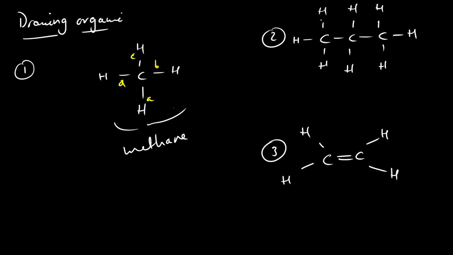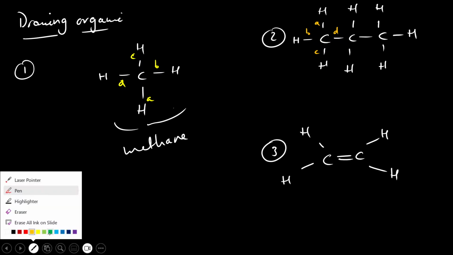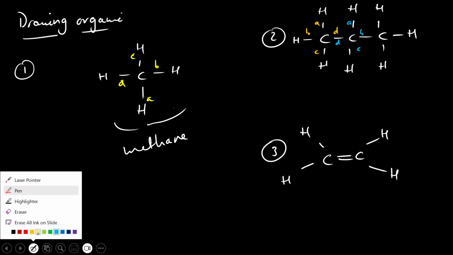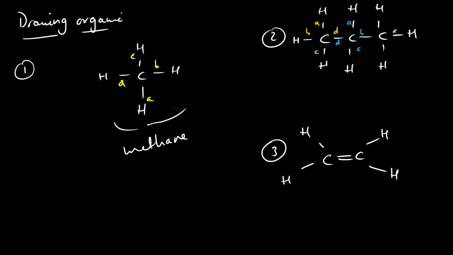If you look at this carbon, it can bond to A, B, C, D. That's 4 bonds, for carbon 1. For carbon 2, we have A, B, C, D as well. The third carbon at the end, you have A, B, C, D.